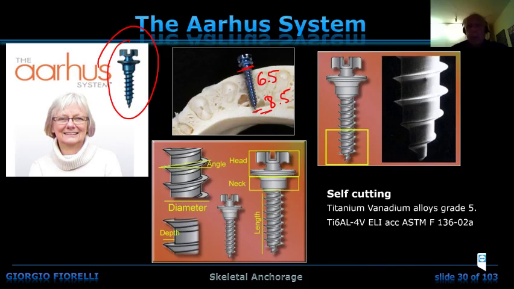So when you want to try to get to the bicortical stability, try to use the 8.5, but this is not guaranteeing you that you will get to the other side. But if you use the 6.5, you are 100% sure that you will have only one cortex involved in the stability.